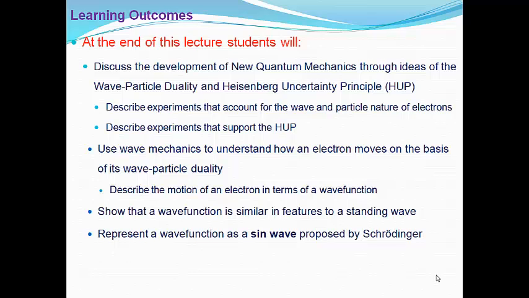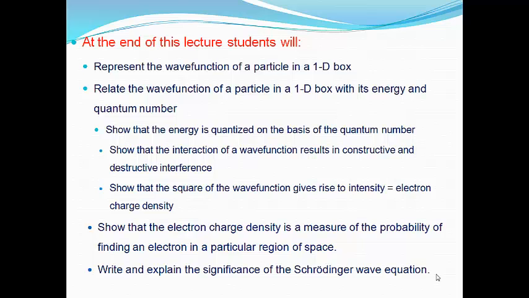And so in this lecture, we want to set as a basis this concept of quantum mechanics, and show how it is developed through the ideas of the wave-particle duality of the electron and the Heisenberg uncertainty principle, and then move on to describe the wave motion of the electron through what is described as the wave function, which incorporates the wave-particle duality feature of the electron as proposed by Schrodinger, and then look at a situation of the electron in a particular confined environment.